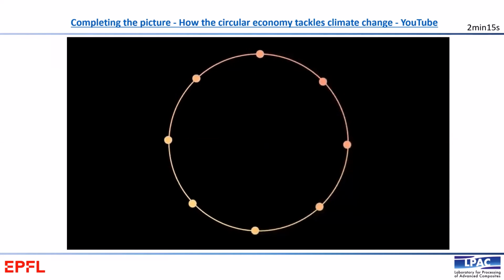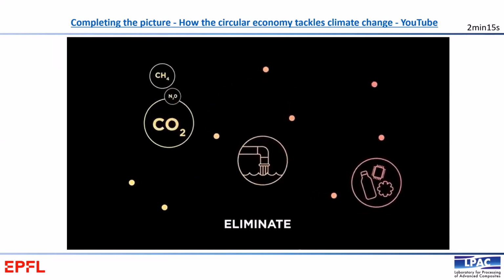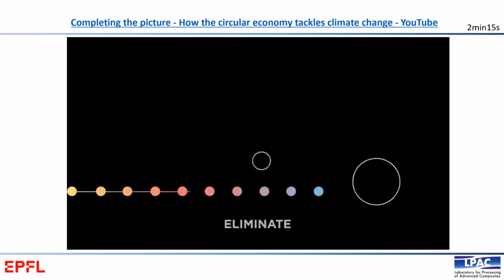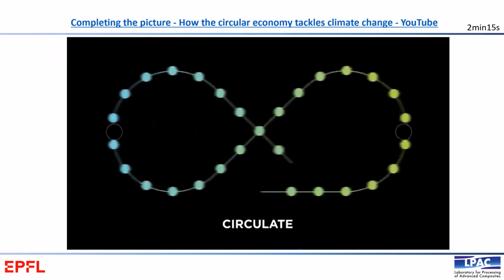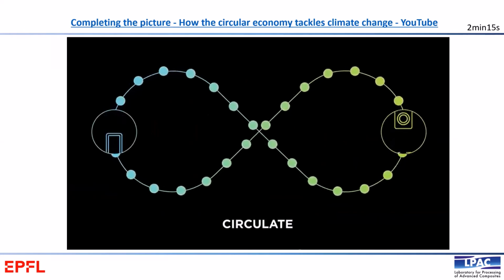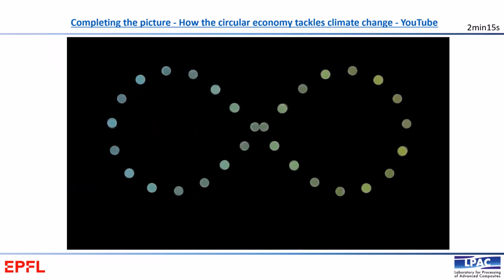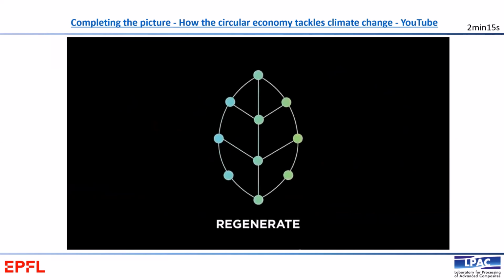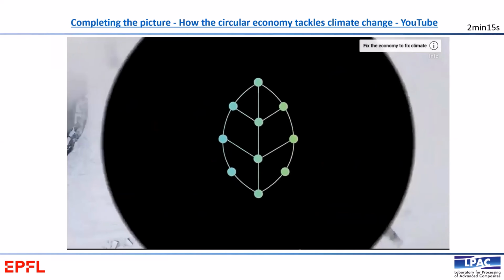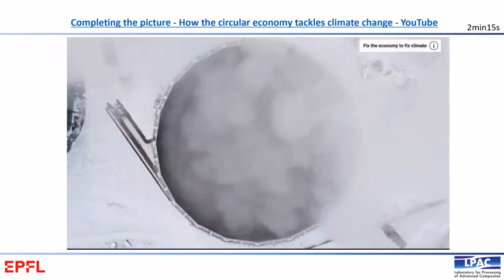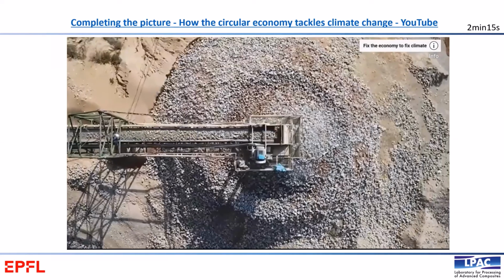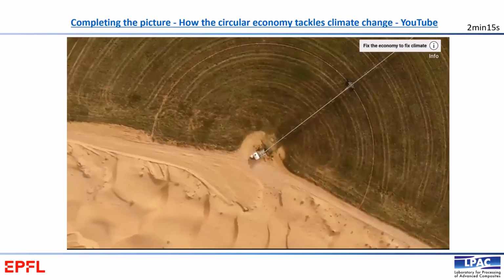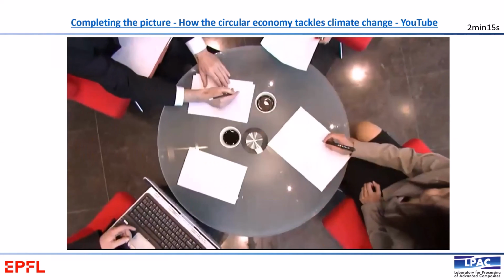We build an economy that eliminates waste and pollution, keeps products and materials in use, and regenerates natural systems. The circular economy can help address climate change by reducing emissions from industry, land use, and agriculture.